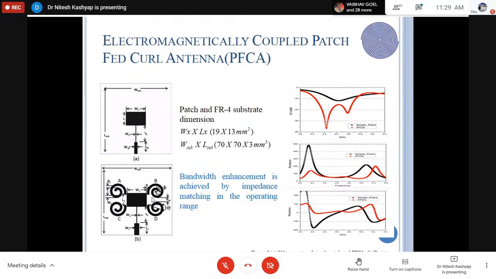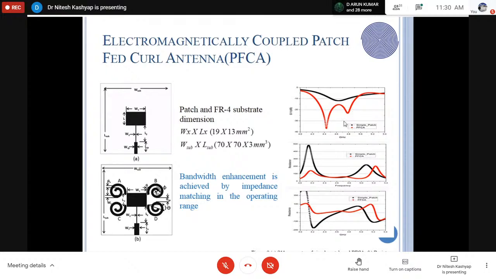Basically these curls reduce the surface wave and improve the performance of the antenna. So with a simple technique, just the attachment of these curls, we can improve the performance of the antenna here. We can see that the narrowband antenna converts into a broadband antenna.